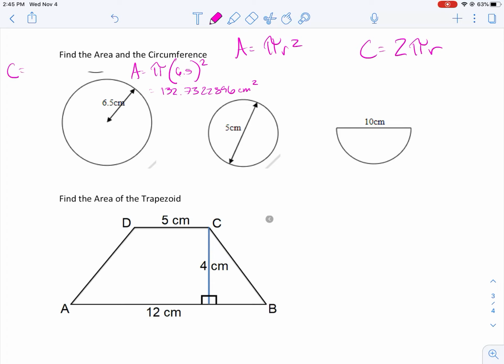To find our circumference, 2 pi r, which is 2 times pi times 6.5, our circumference is 40.84 centimeters.